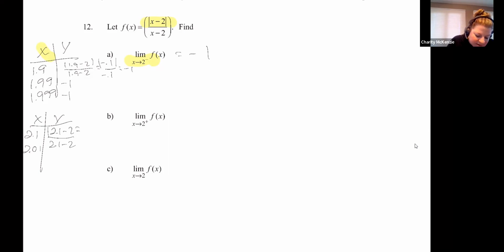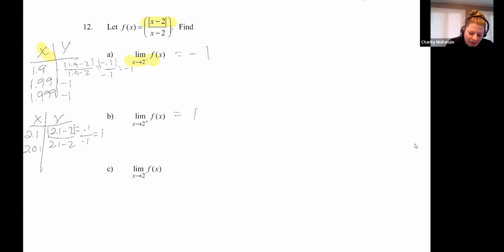The absolute value stays positive, and the bottom is positive, so this one is going to positive 1. So I can put in values getting close, or I can graph it and look at what it is doing as it gets close. I will pull up Desmos in just a second. We'll look at that too.